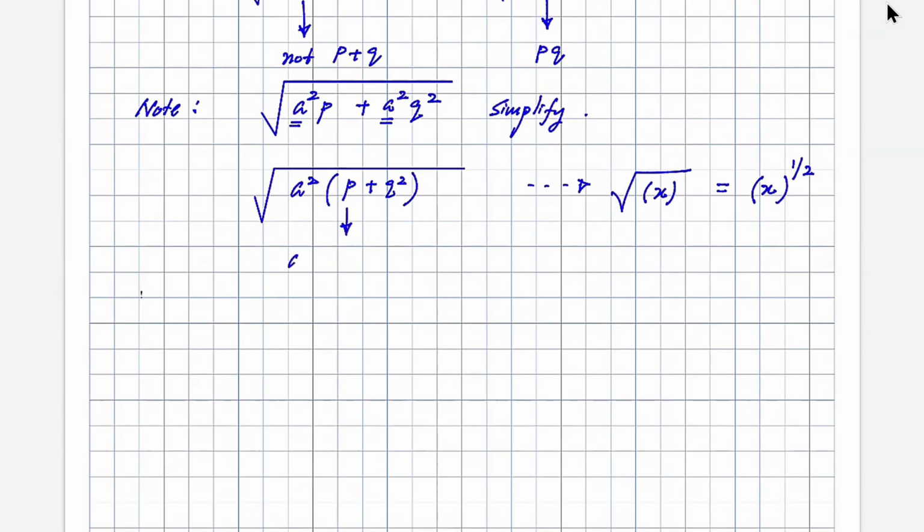If you do so, you get the square root of a squared and the square root of p plus q squared. You can treat it like this. Why? Because you have a multiplication here, right? So the square root of a squared is going to be a, and then this guy is going to be p plus q squared. So that's the answer.